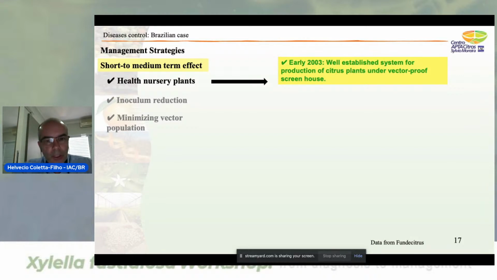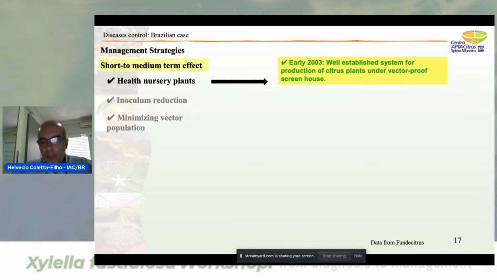Here you have some breeding programs using crossing between Murcott, which was resistant, and sweet orange, the Pera sweet orange, which is susceptible. You also have some biotechnology programs that were shown by Alessandra in the first talk in the first week of this workshop, and also some mass selections, looking in the field for varieties that were tolerant to Xylella fastidiosa or tolerant to CVC.